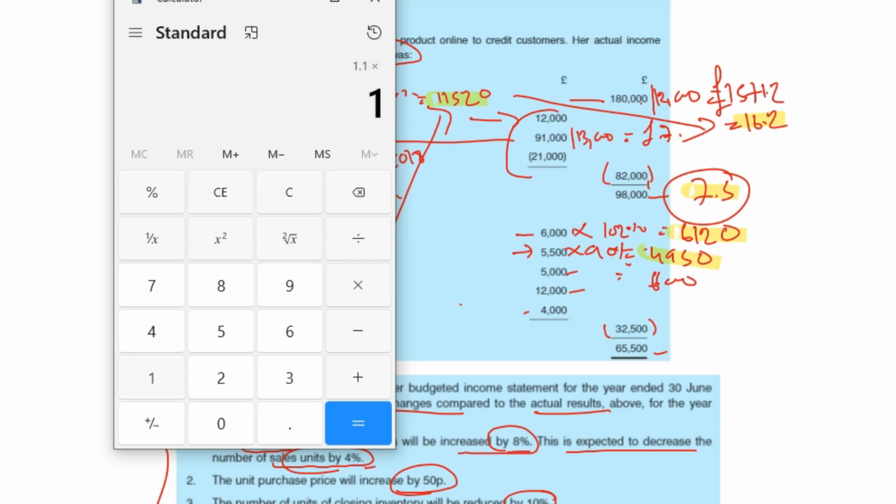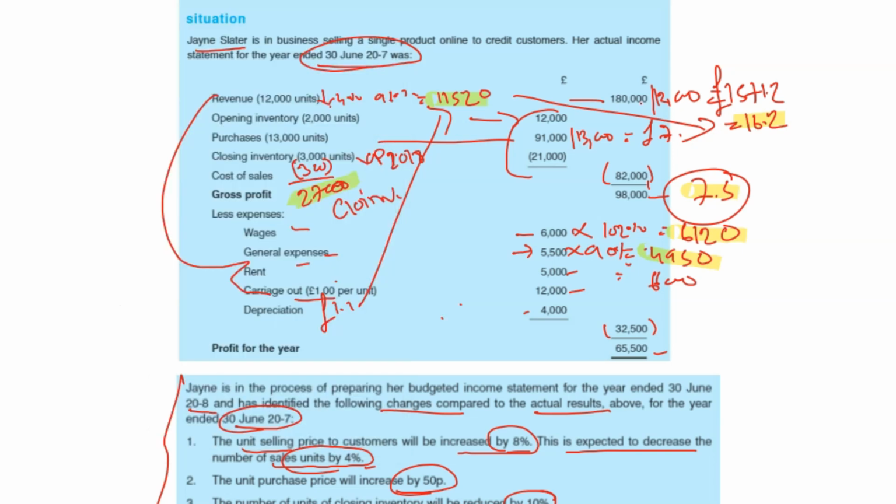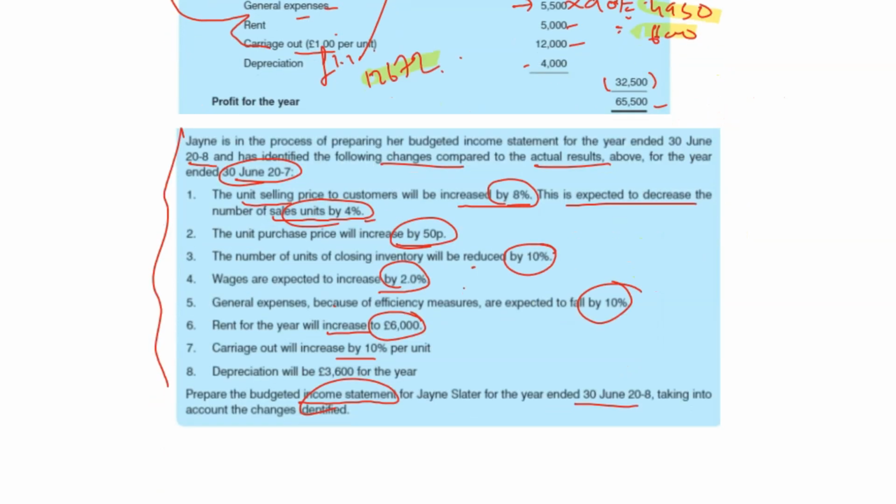How many units we sold? 11,520. So 12,672. All these I'm highlighting because we're going to take it in the next period. Carriage outwards increased, and depreciation, instead of 4,000, is going to be 3,600. That's it. I don't see anything else. You just take all these items.